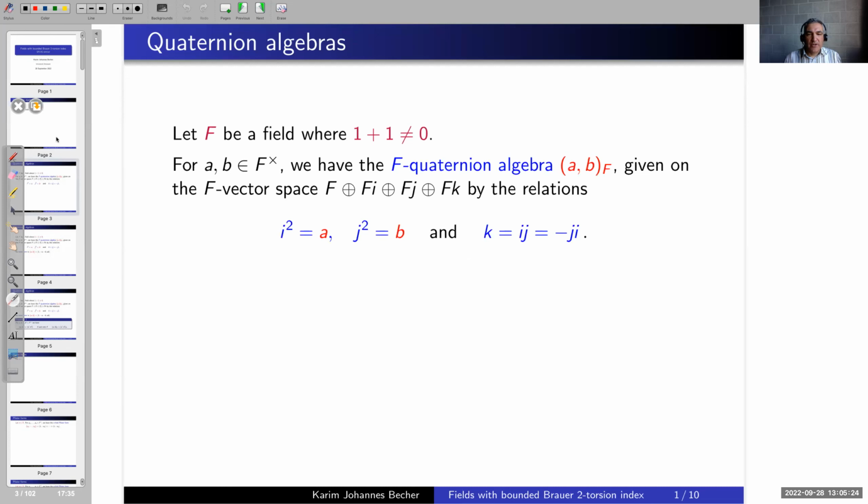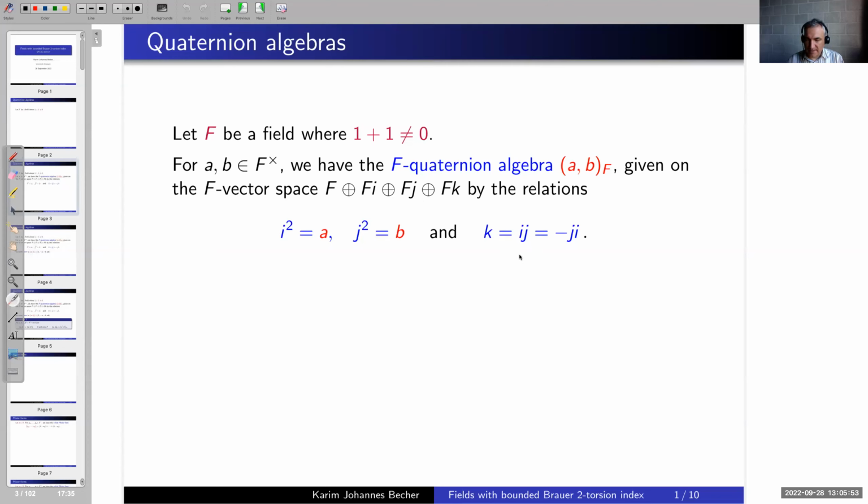So quaternion algebras, I assume that people in the audience know what we mean by them. We look at these algebras which we get from 2 elements of the field, a and b, and which we construct by starting with a 4-dimensional vector space F plus Fi plus Fj plus Fk, and we put on these relations.